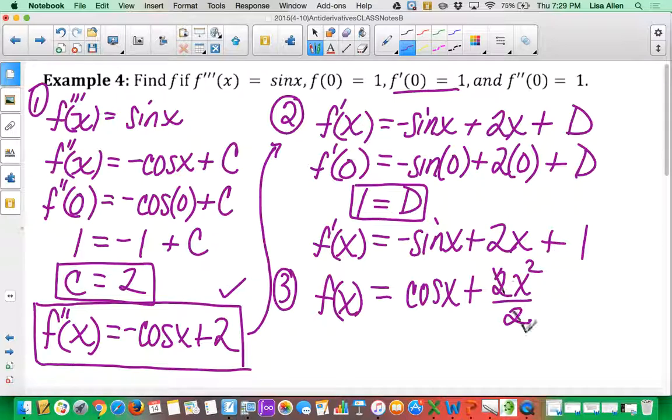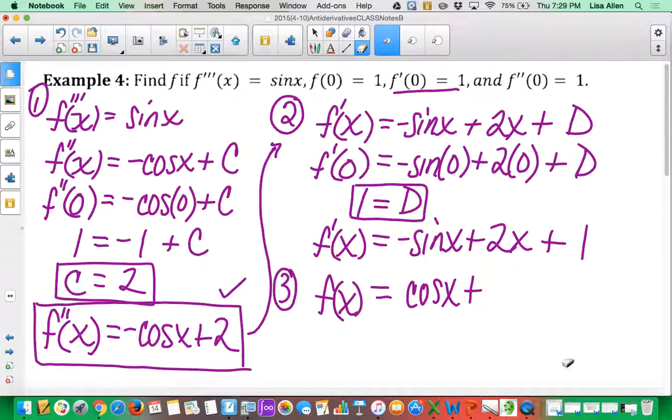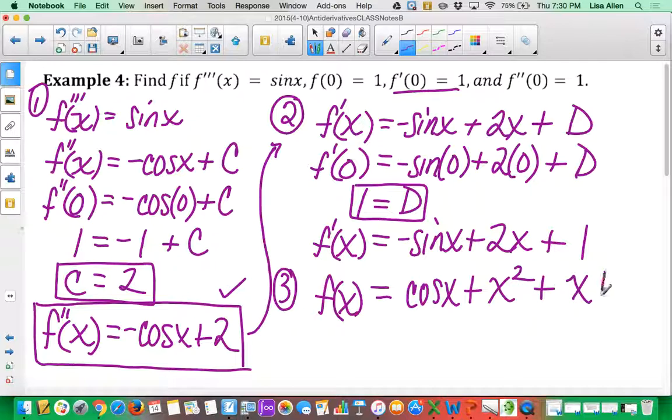So now you see that that's just going to be x squared. So we get plus x squared, plus the antiderivative of 1, which is x, plus, and I'm going to put an e on the end for the arbitrary constant. So now I know that f of 0 is also equal to 1.